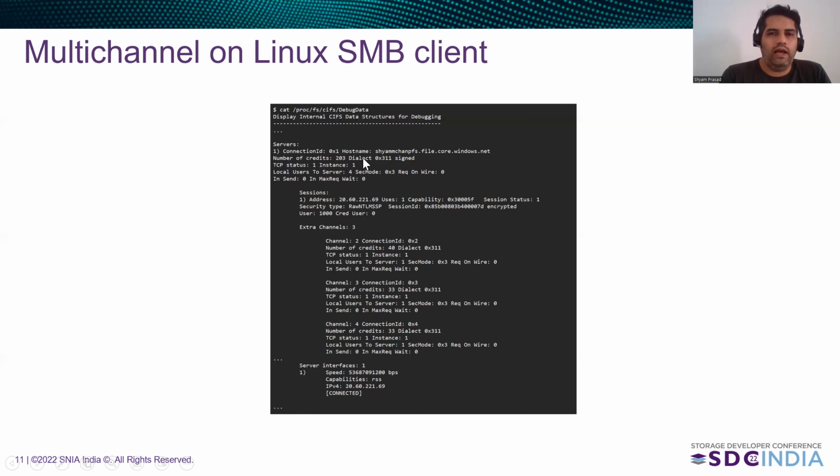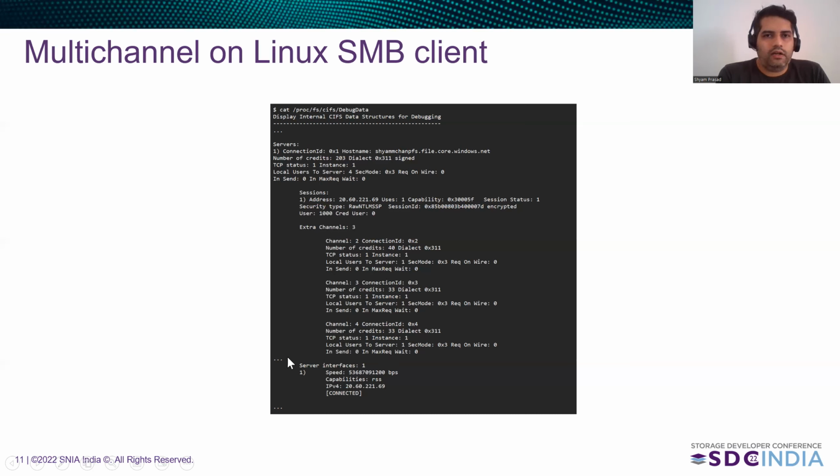You will have a primary connection, and then you will set up a session on top of it, and then for each of the extra channels you will bind to an existing session. So which is why it makes sense to display the debug data in this way, which is to have one primary channel, and then all the secondary channels come up under each of the sessions.